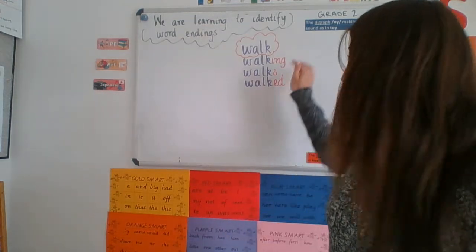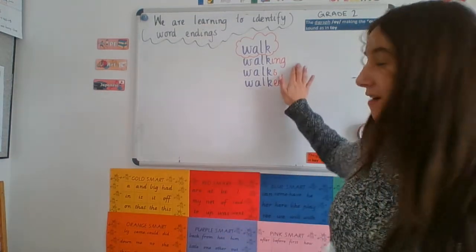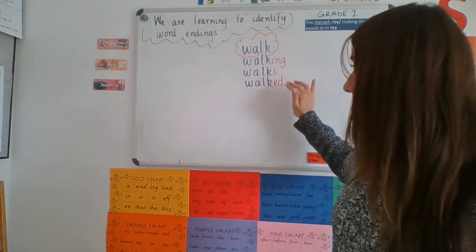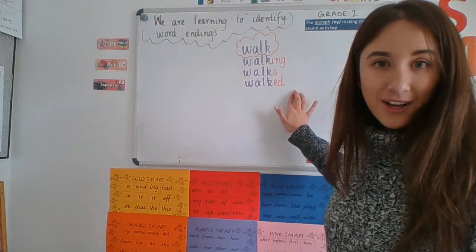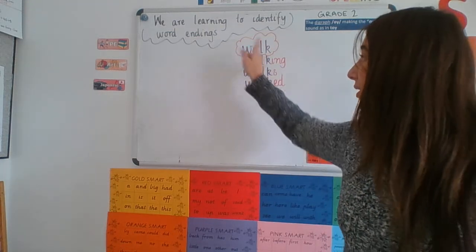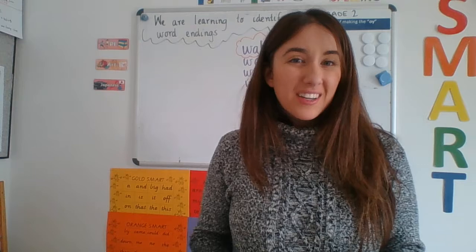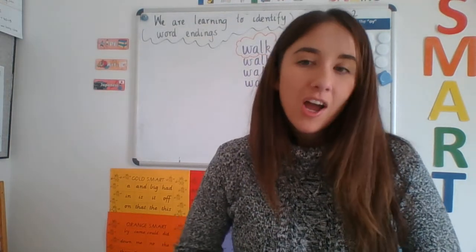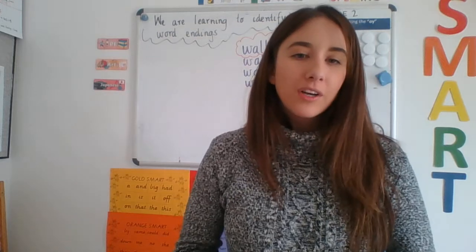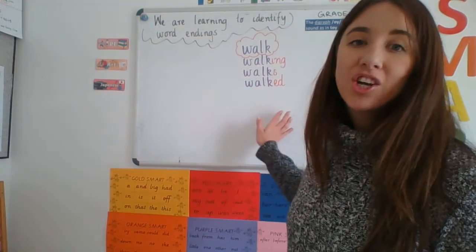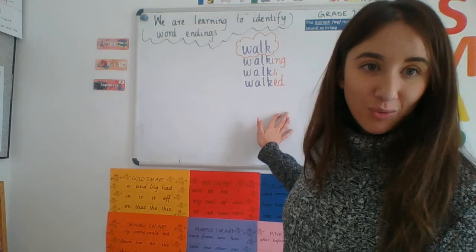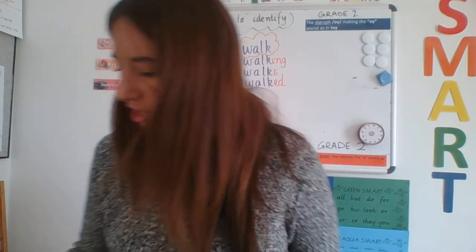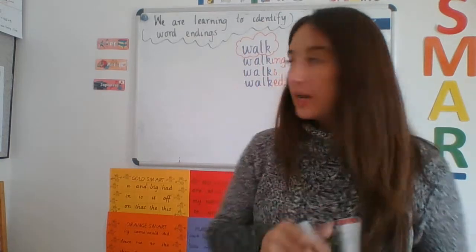Now, all 3 of these words now have different meanings. Walking, walks, and walked. Okay, they all come from the word walk, but they now have different meanings. We've now changed the meaning of these words, all right? Which is why it's so important to pay really close attention to the end of words when you are reading them, okay? Now today, we are just going to focus on 2 word endings.